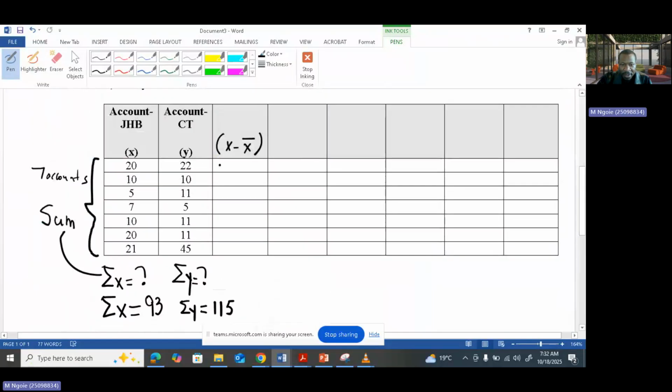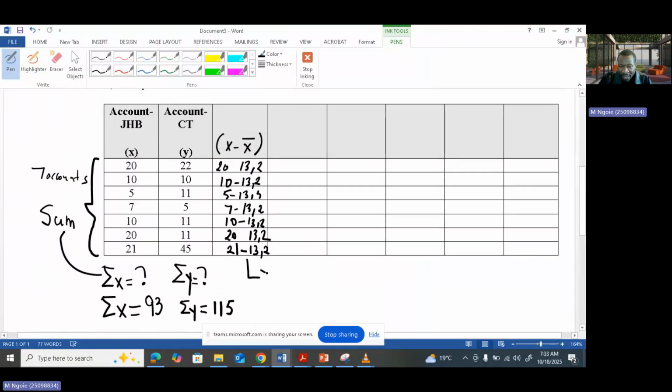So it's going to be 20 minus 13,2, then 10 minus 13,2, 5 minus 13,2, 7 minus 13,2, 10 minus 13,2, 20 minus 13,2, and 21 minus 13,2.